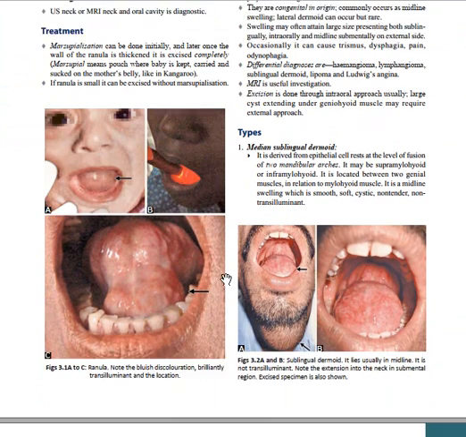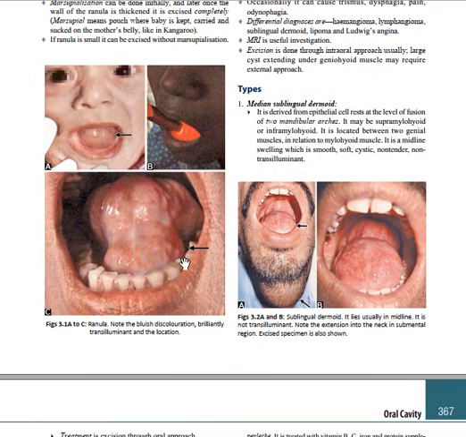Based on the pathophysiology, how is a ranula formed? A ranula is formed when a duct becomes blocked. Because of that obstruction, you have accumulation of fluid behind the blockage.